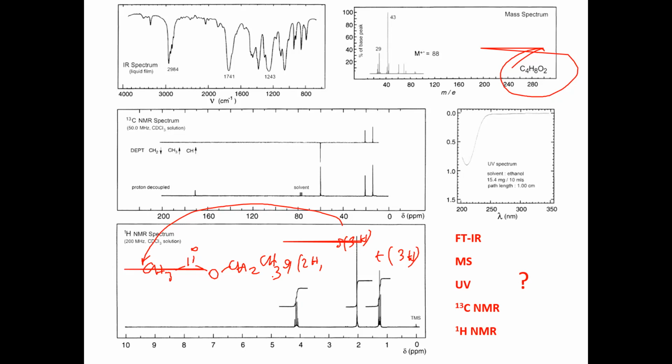I count the number of carbons. I can see 3 aliphatics, of which one is a methylene group, because it's upside down. The last thing I need to know is the carbonyl, which looks like a carbonyl from an ester because it's around 170. That is your structure.